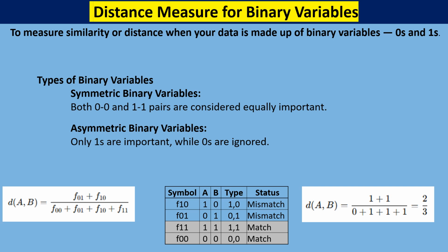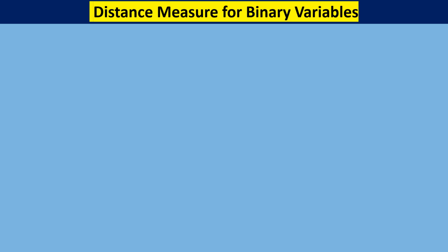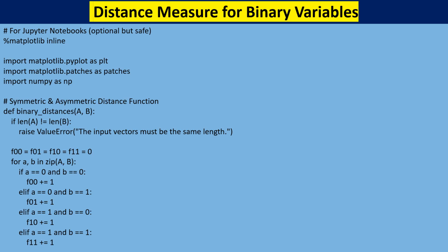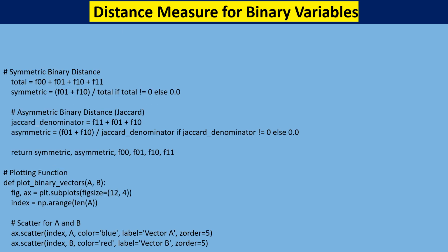So you see here, A is 1 and B is 0. The type is 1 0 mismatch. 0 1 or 1 0 type is a mismatch, and 1 1 or 0 0 is a match. Here we need to find the symmetric and asymmetric distance variables. The symmetric distance uses f01 and f10, and we have a mismatch because 2 plus 2 is equal to 4, and 4 divided by 6 as per this formula.